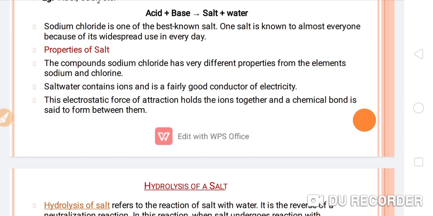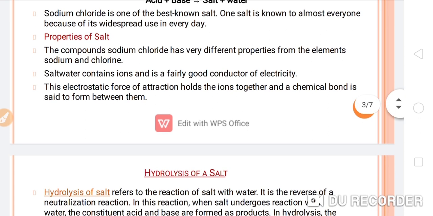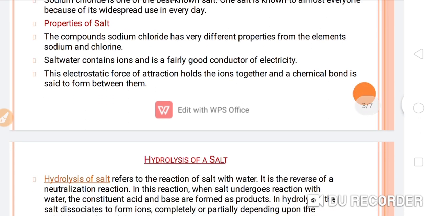This is very important. So let's see what will be the properties of the salt. The compound sodium chloride has very different properties from the elements sodium and chlorine. So let's see what are the properties of sodium chloride. Salt water contains ions and is a fairly good conductor of electricity.